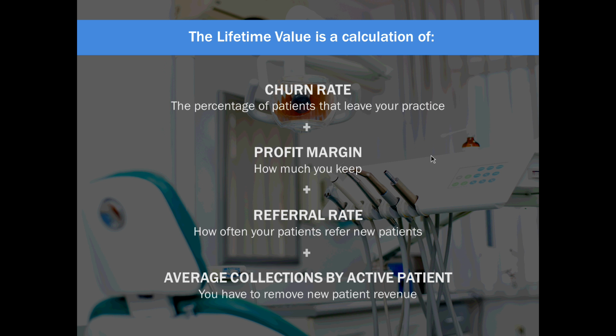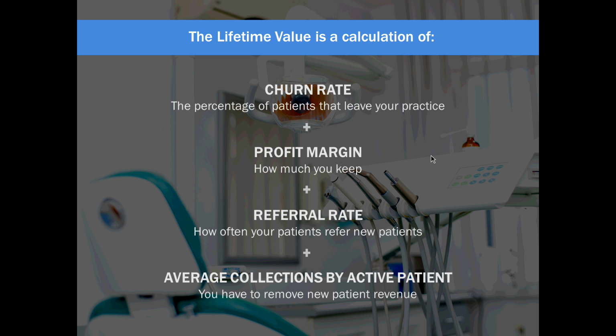So to kind of go over these in a little bit more theoretical terms so that you can actually understand why it's important for us to keep up with these numbers, we're going to see that the churn rate is actually the percentage of patients that leave your practice. The profit margin is going to be how much money you get to keep from the revenue coming in from those patients. And the referral rate is how often your patients are going to refer new patients in.